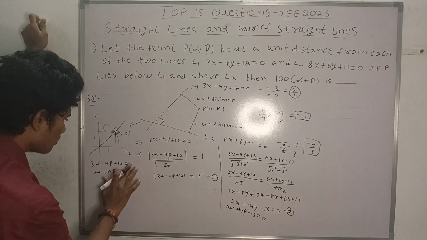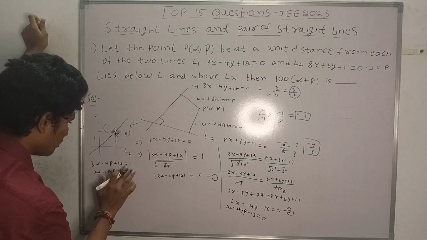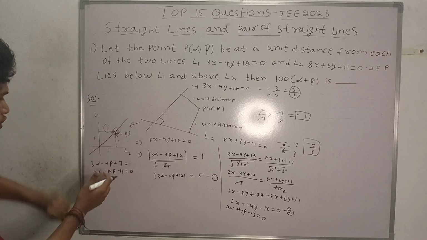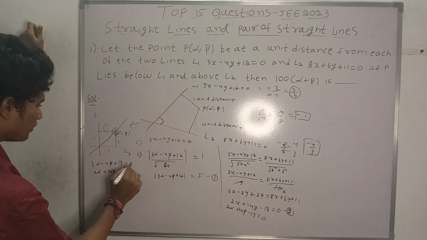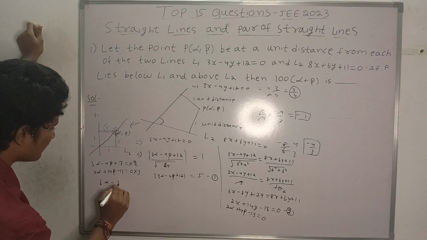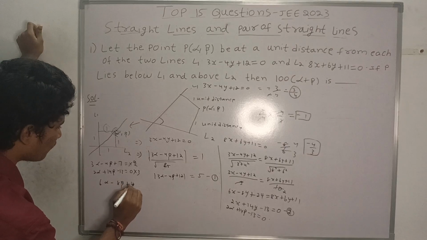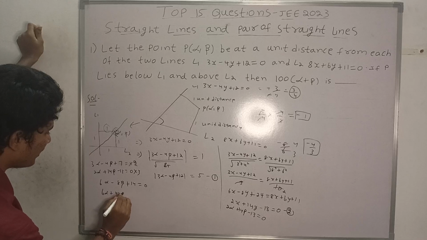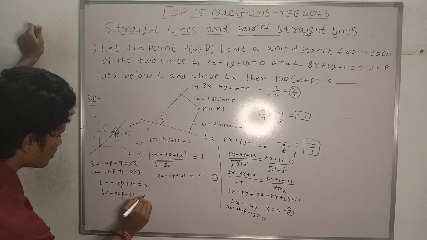When I solve this, I will get 5 minus 12, that is 7. So we have to solve these equations. I am multiplying by 3 here and by 2 here. I will get 6 alpha minus 8 beta plus 14 equal to 0 and 6 alpha plus 42 beta minus 39 equal to 0.